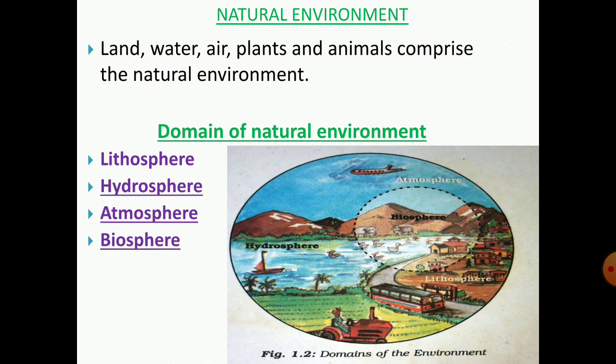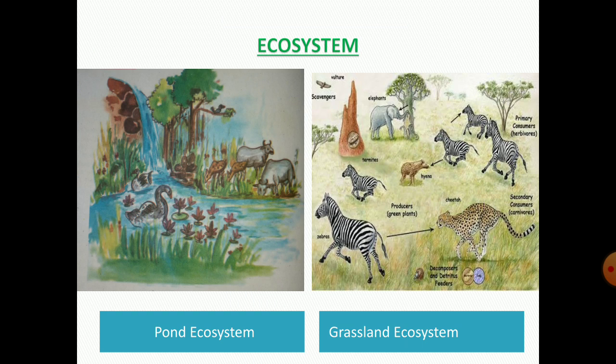Now we will discuss the ecosystem. On our earth there are many ecosystems. So what is an ecosystem? All plants, animals, and human beings depend on their immediate surroundings. Often they are also interdependent on each other.